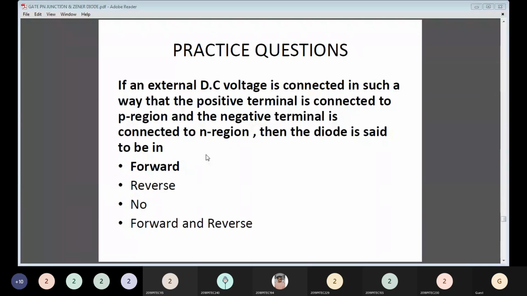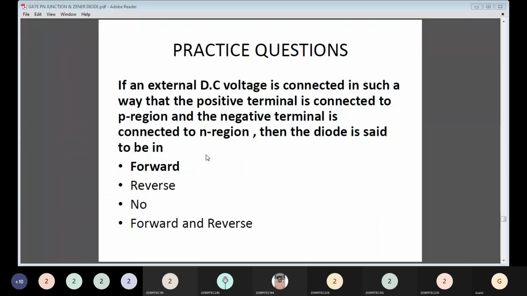If an external DC voltage is connected in such a way that the positive terminal is connected to the P region and negative terminal is connected to the N region, then the diode is said to be in. They have given four options: forward, reverse, no, and forward and reverse.